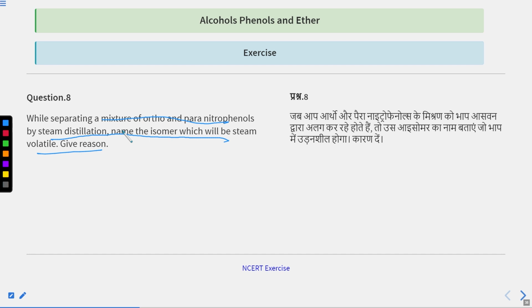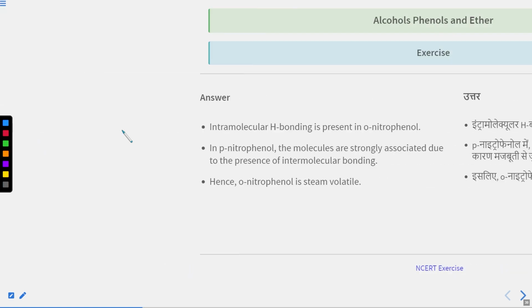So about this, we have studied intermolecular and intramolecular hydrogen bonding. Ortho shows the intramolecular and para nitrophenol shows the intermolecular hydrogen bonding, and intermolecular hydrogen bonding is stronger. So para will not be steam volatile, rather ortho will be steam volatile.